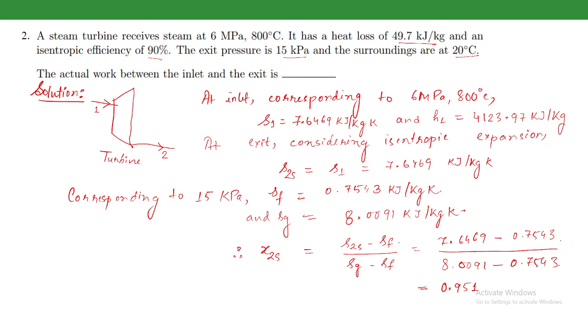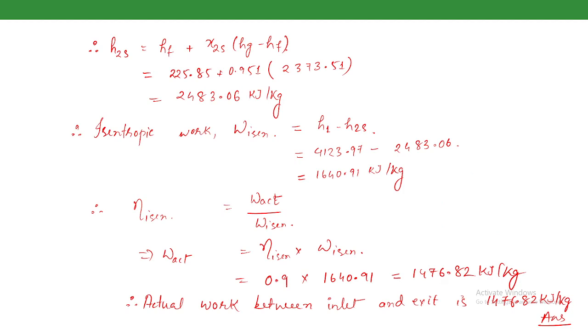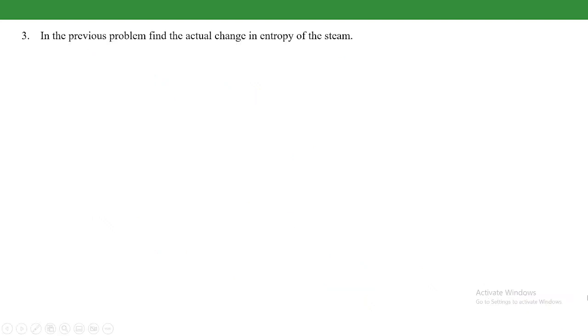So if we consider the heat loss, and as we have already found out the actual work, we consider that the isentropic process won't be happening, only the actual process will be happening. And for the actual process, we finally have to determine the change in the entropy of the steam. Let us start with it.